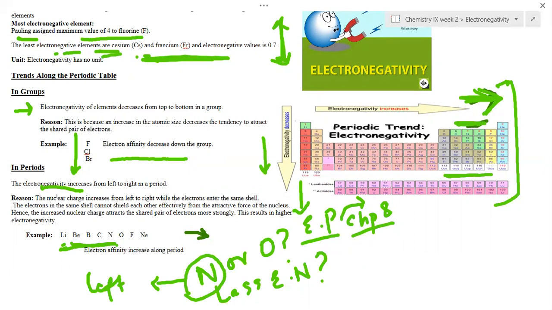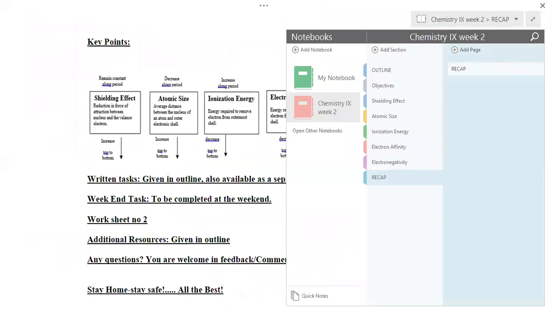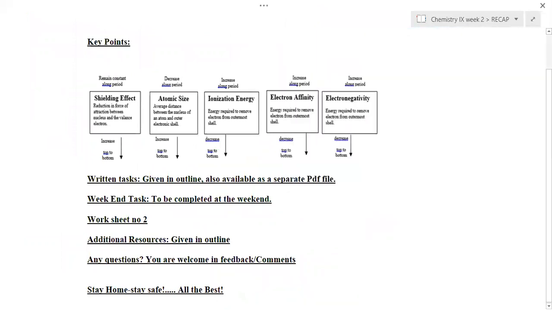Okay, with this we end our topics for week 2. Let's come to the quick key points. Recap. We talked about 5 properties that are repeating or changing at regular intervals along the periodic table, and we discussed shielding effect.